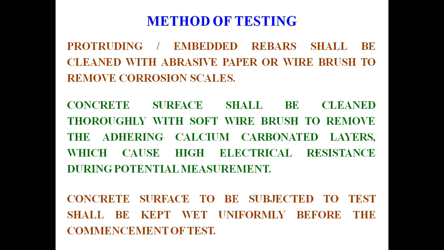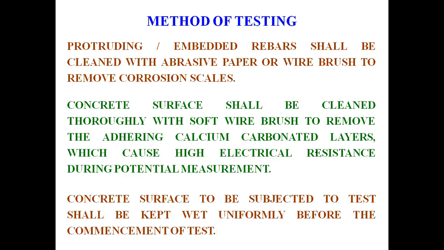Then you can assess the rate of corrosion. After completion of the test, you can plaster it again, no issue. But you have to test the embedded rebar in the concrete, and it has to be cleaned with abrasive paper, because your steel will have scales.